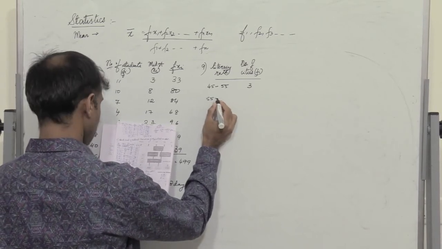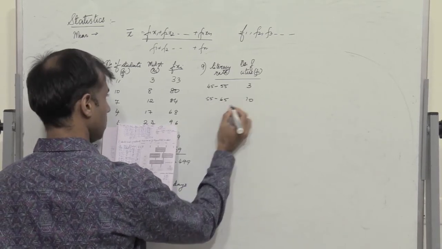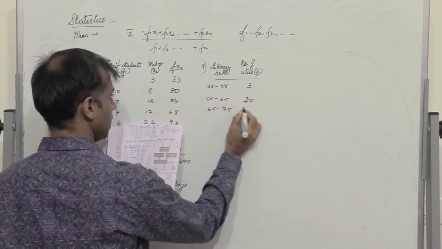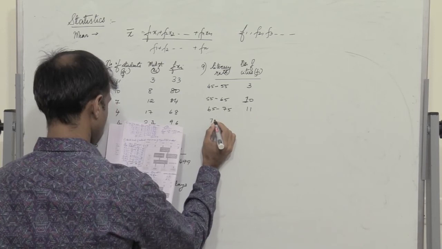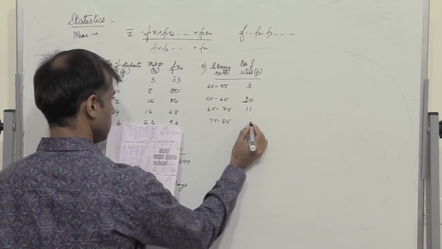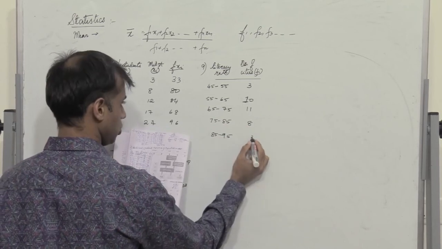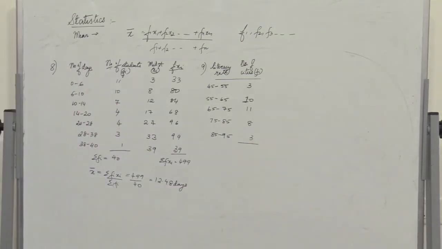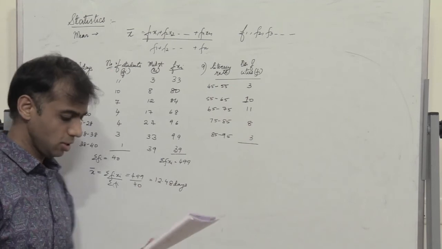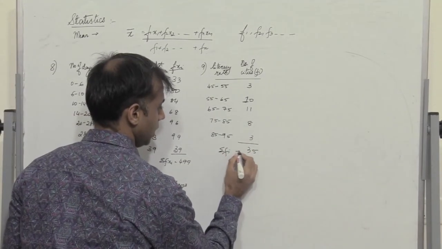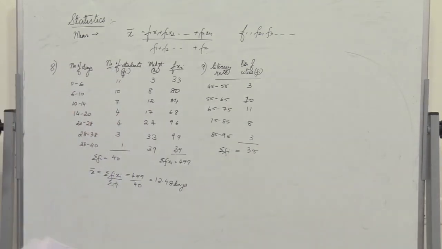So 55 to 65 is 10. 65 to 75 is 11. 75 to 85 is 8 again. And 85 to 95 is 3. So the total number of cities where survey was done for the literacy rate is 35. So summation Fi is 35.